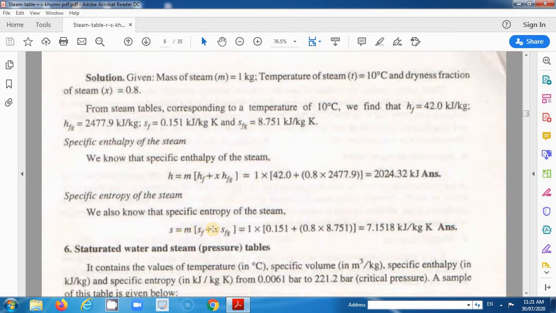Same formula. Again mass is 1. You see the corresponding values of SF and SFG. This is the SF and this is the SFG. Put these values in this formula. After calculation, the specific entropy of the given steam is 7.1518 kilojoules per kg.